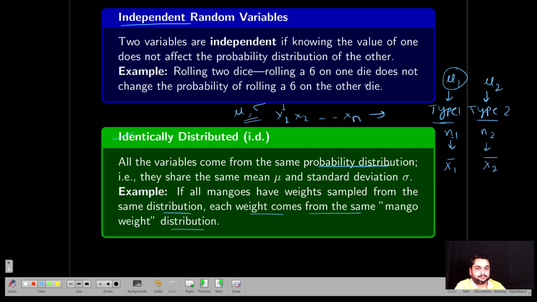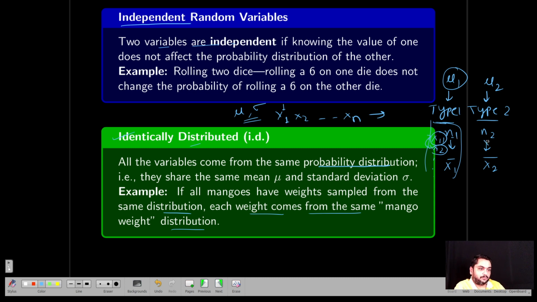Now what does independent mean here? When I take type 1, there are x11, x12, which are the random variables. Each random variable represents a mango, to take that example. This mango is independent of that mango, but they are in the same distribution. That is what identically distributed means.